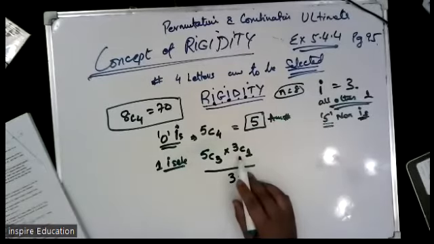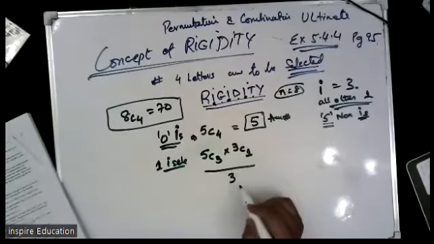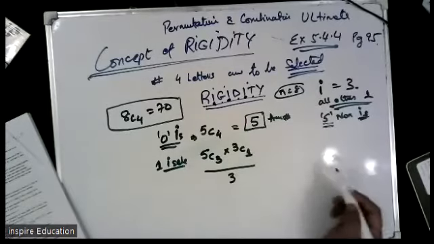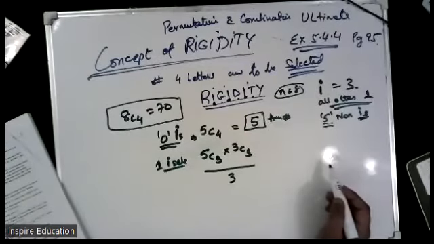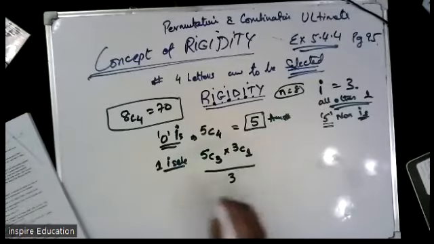This is not factorial. It's not 3 factorial. So we don't do it with factorial. Factorial is the arrangement. Are you with me? This is just a selection. Are you with me?